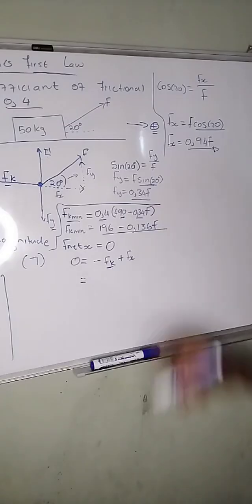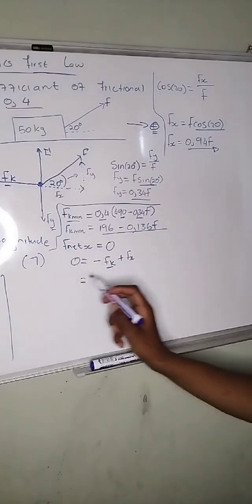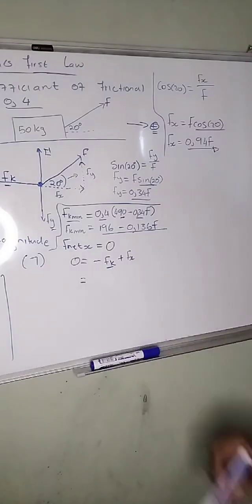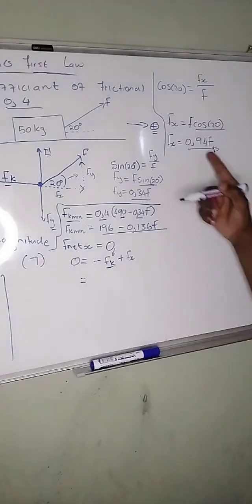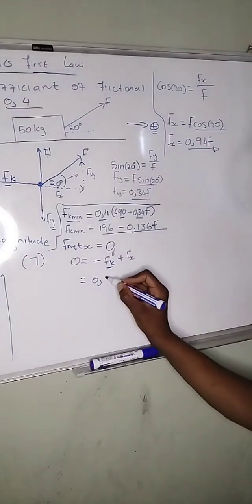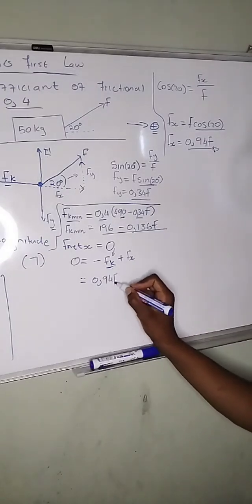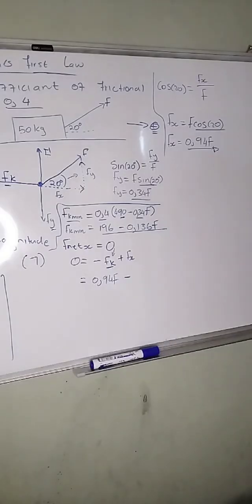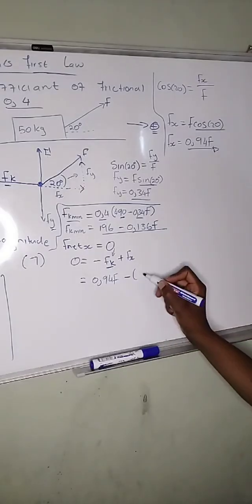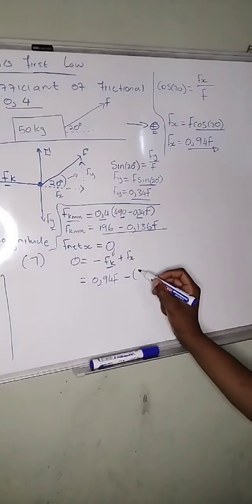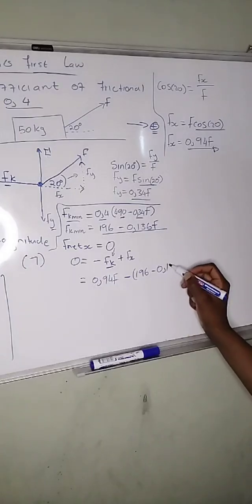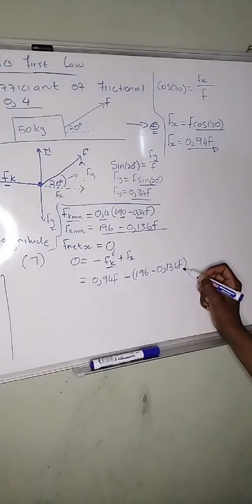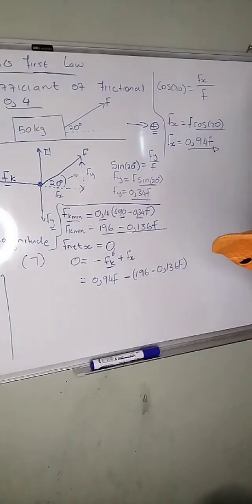Now, I have this equation here. I have my Fk and I have my Fx. So what is my Fx? My Fx is going to be 0.94 F minus 196 minus 0.136 F. Do you see that?